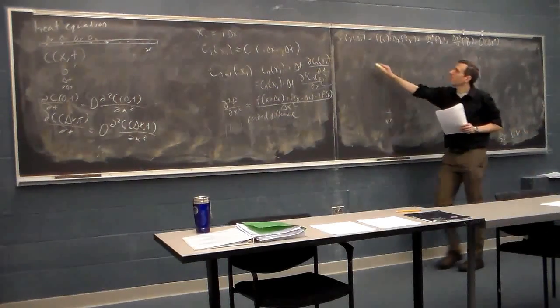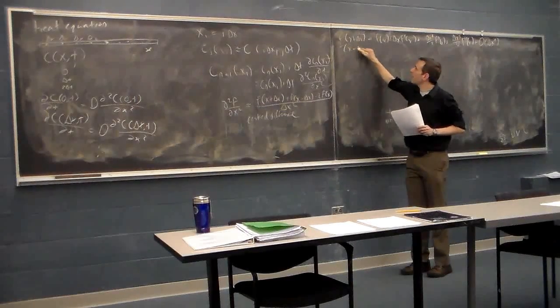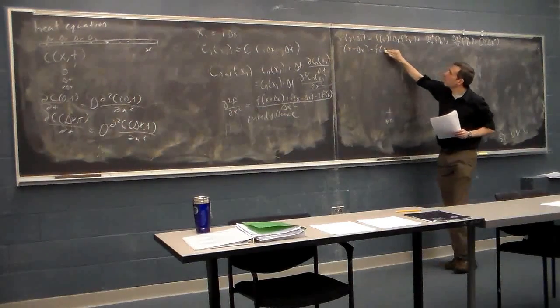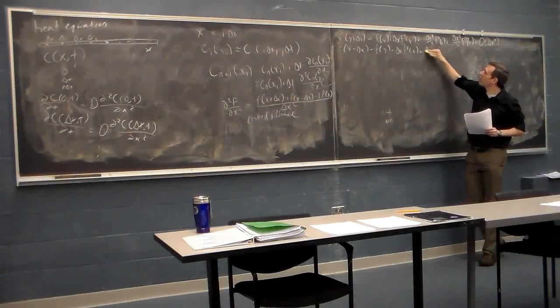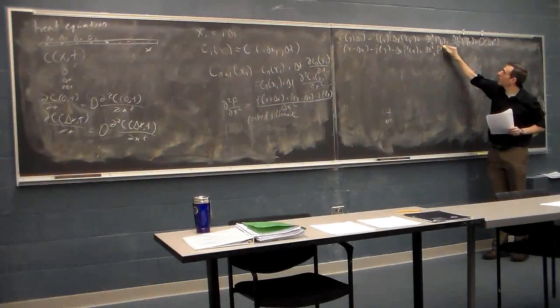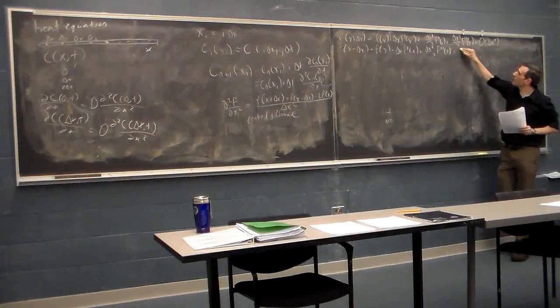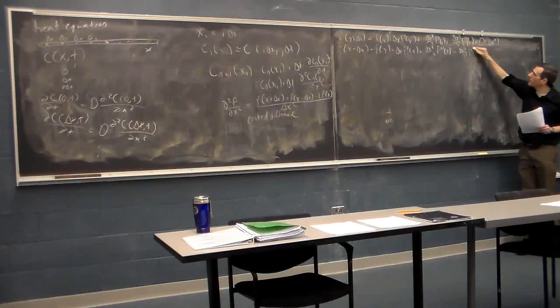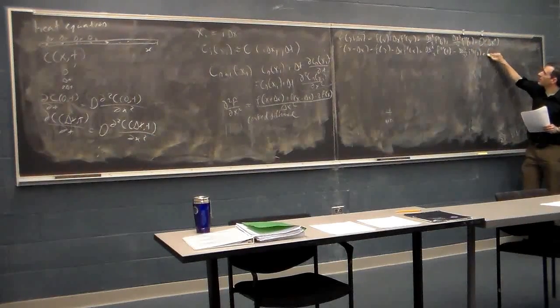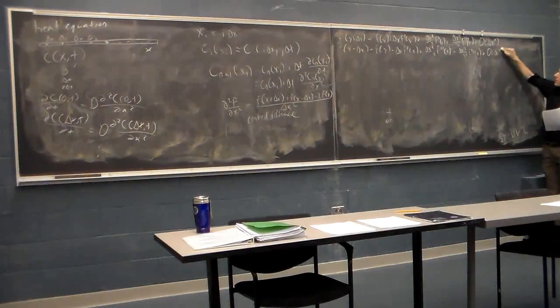And similarly, f of x minus delta x is going to be f of x minus delta x f prime of x plus delta x squared over 2 f double prime of x minus delta x cubed over 3 factorial f triple prime of x plus another order delta x to the fourth term.